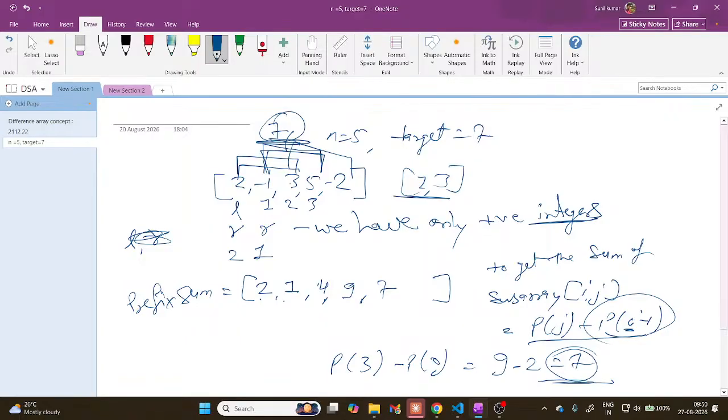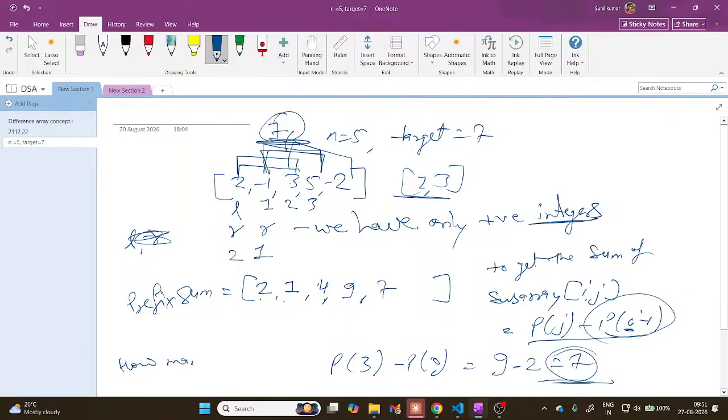So how can I find the number of subarrays in this case, because the target could be negative also? I have this prefix sum array.